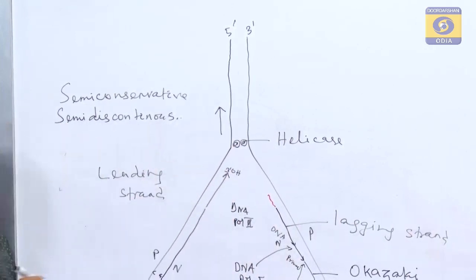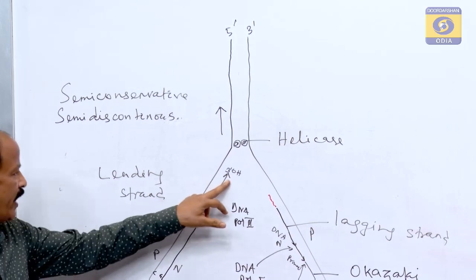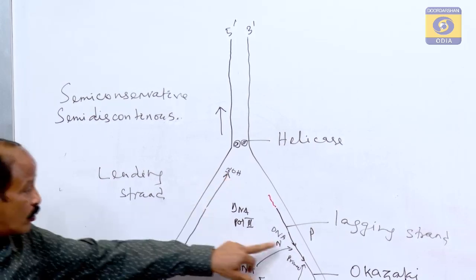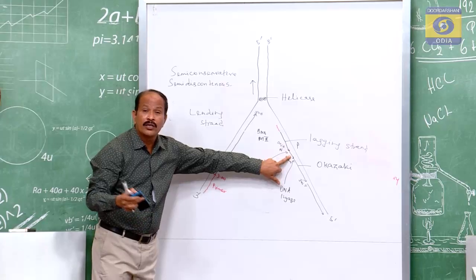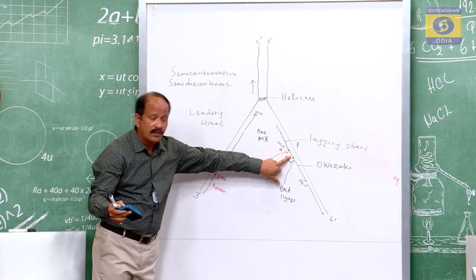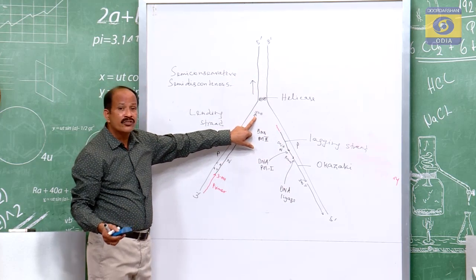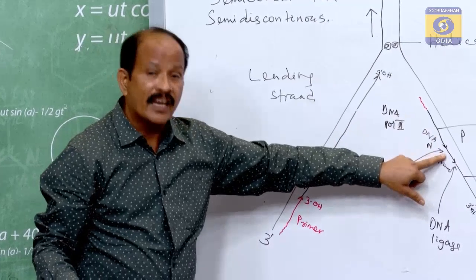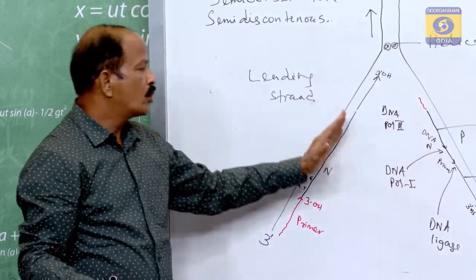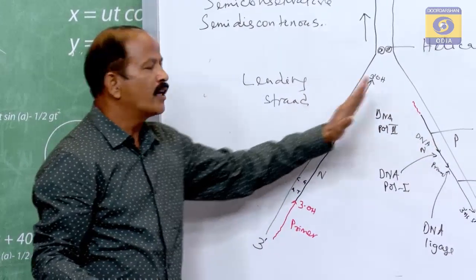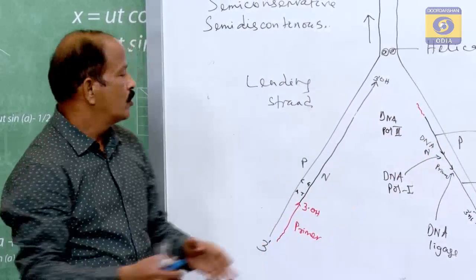Because 3' OH end is the growing end, and the 3' OH end of this strand is much ahead of the 3' OH end of the discontinuously synthesized strand. So, that is why this continuous strand is called leading strand and this is called lagging strand. Okay. So, continuous, discontinuous, leading, lagging, it is clear.